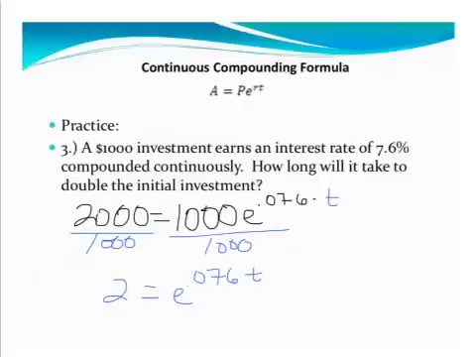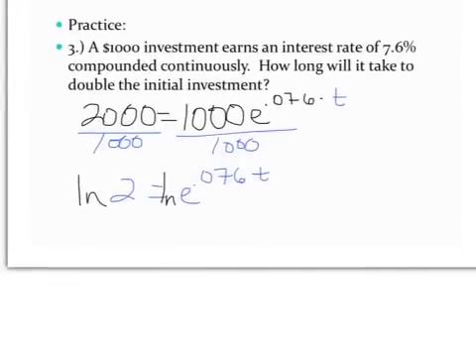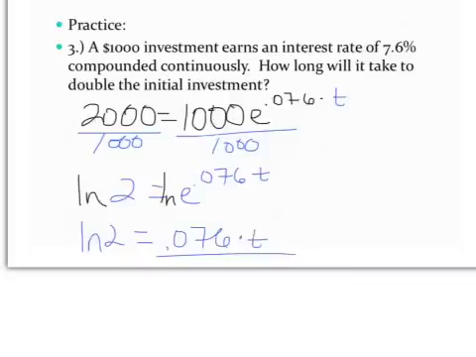Now, like we were just doing in those last problems, I can get rid of the e by taking the natural log of both sides. So I have the natural log of 2 equals 0.076 times t. And I can get rid of this coefficient, the 0.076, by dividing.